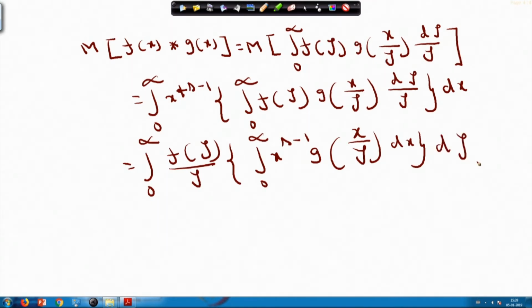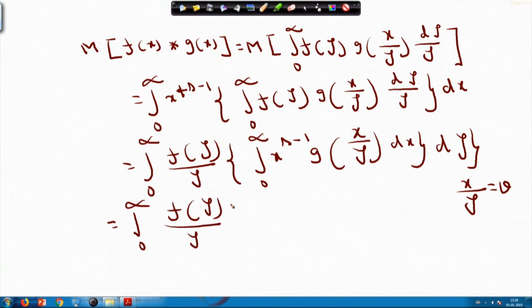Here if you substitute x/eta equals v, then your x is eta into v.